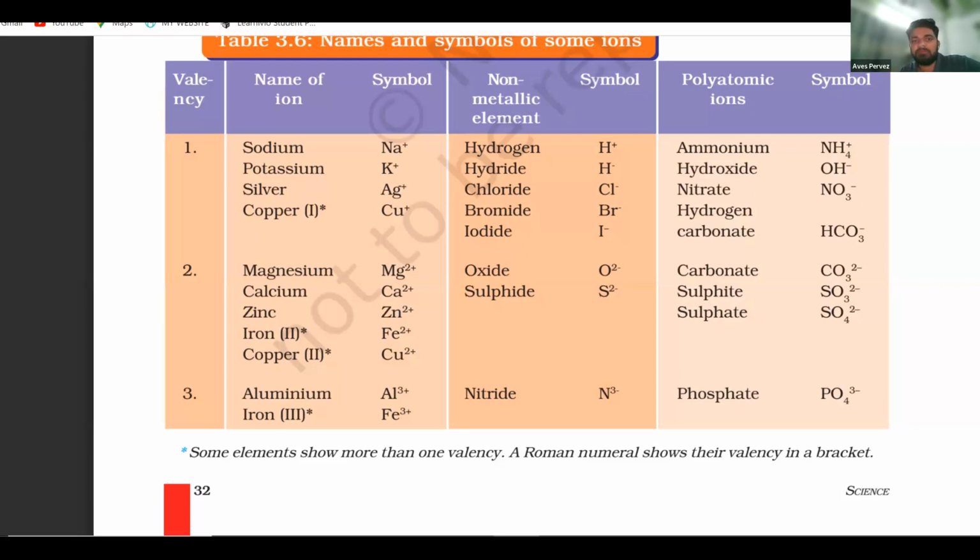Write down the formula of the following compound. What should be the formula of lead nitrate?